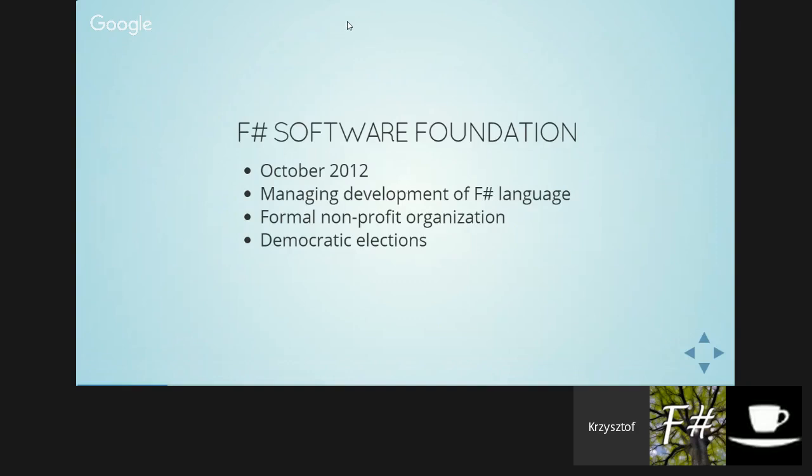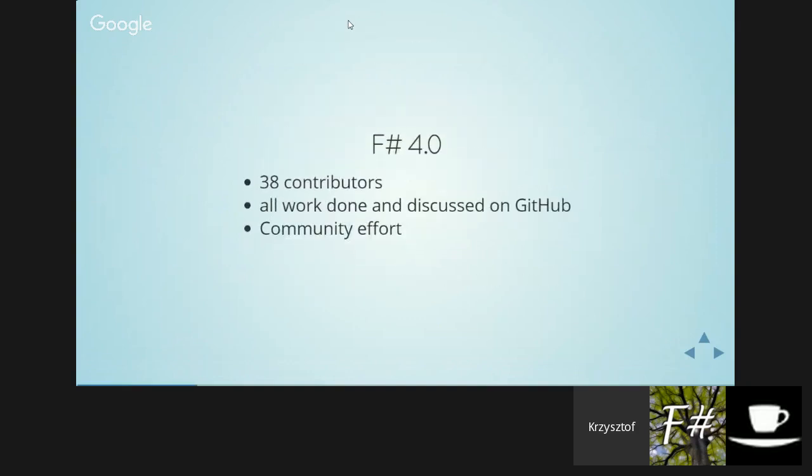And the second one is the release of F# 4.0, which happened sometime last year. What's important here is that all work was done on GitHub, all work was discussed on GitHub, and it was mostly a community effort.